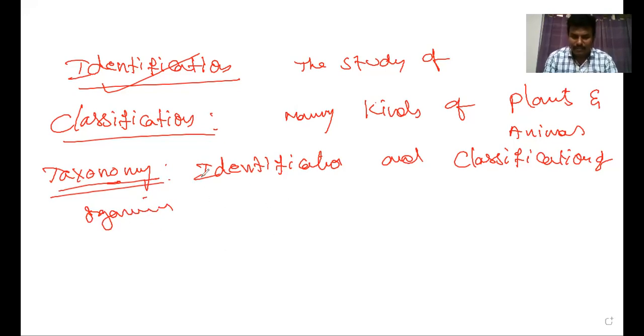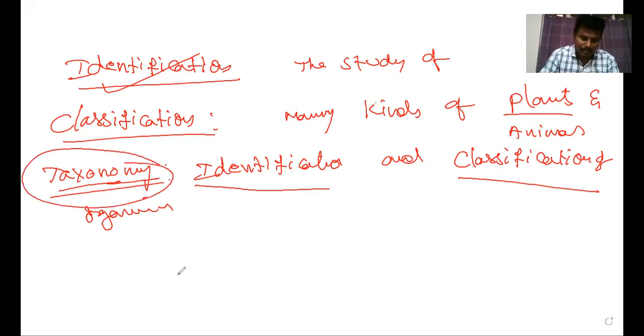For taxonomy, the first step is identification of the living organisms on the basis of their external features, living habitats and food habits, and then classification of organisms. On the basis of their features, dividing plants and animals into different classes is called taxonomy.